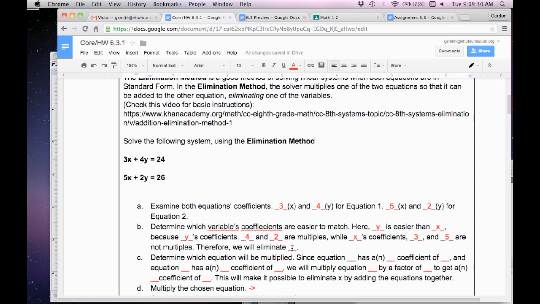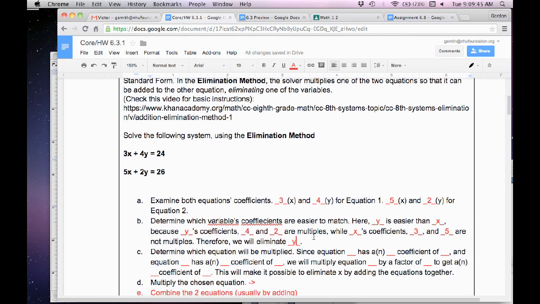Therefore, we will eliminate y. We're going to eliminate y by changing the second equation so that we can cancel the y value with the y value from the first equation.